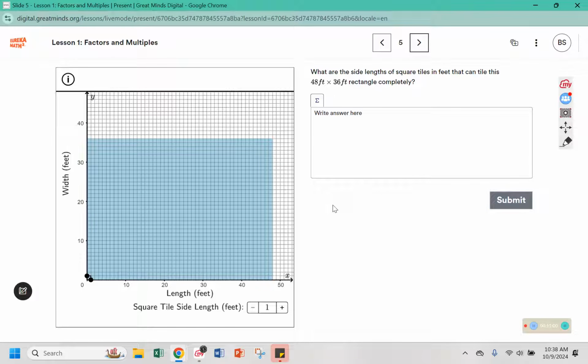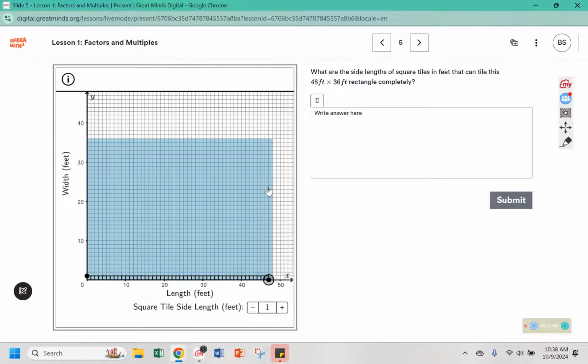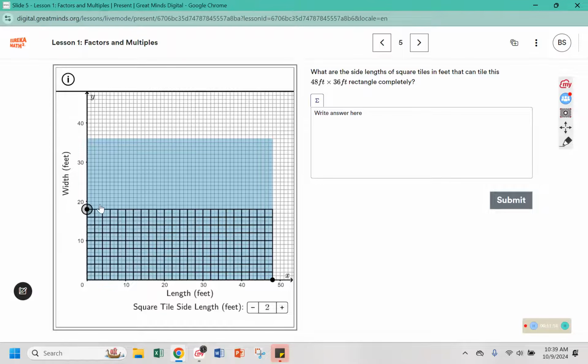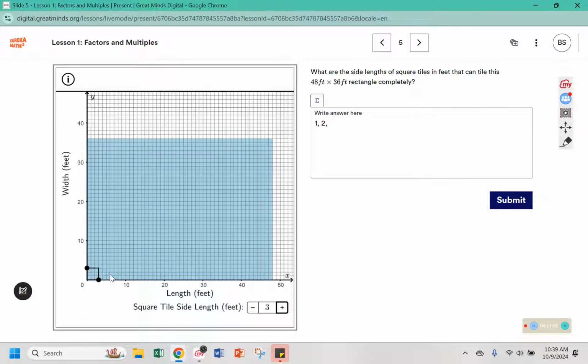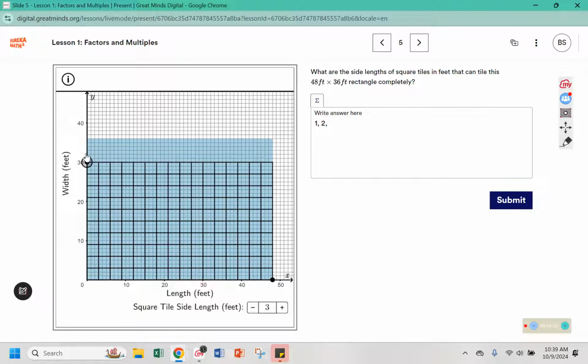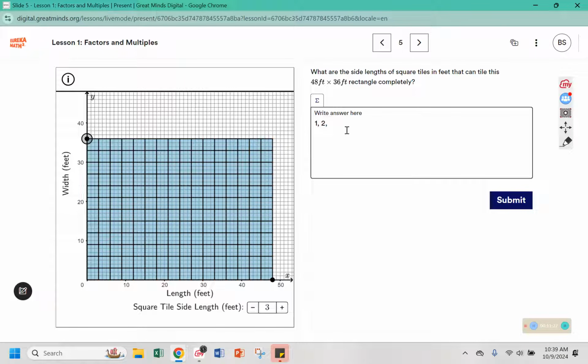Number 5, what are the side lengths of square tiles in feet that can tile this rectangle completely? Well, 1 is a factor of every number, so we know 1's going to work. 2, both of those numbers, 48 and 36, are even. So 1, 2, I know 3 works for 36, and it works for 48.